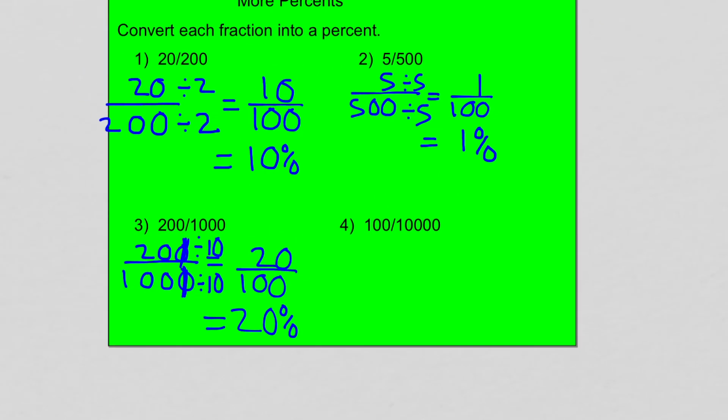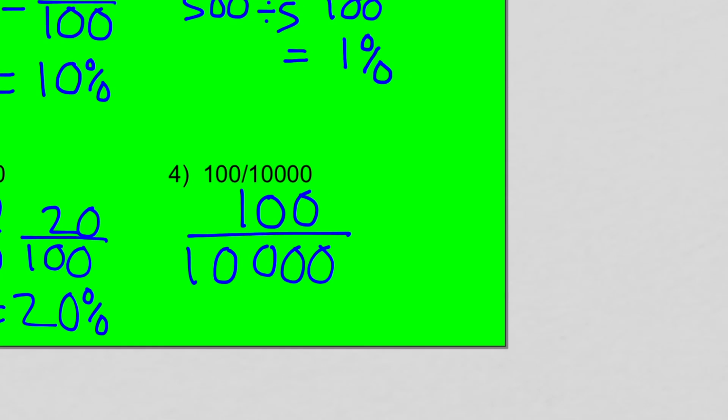And then another one, 100 out of 10,000. Well, to make this a percent, I want to make it a fraction out of 100. How could I do that? Well, I'd want to chop off 2 zeros. How would I chop off 2 zeros?